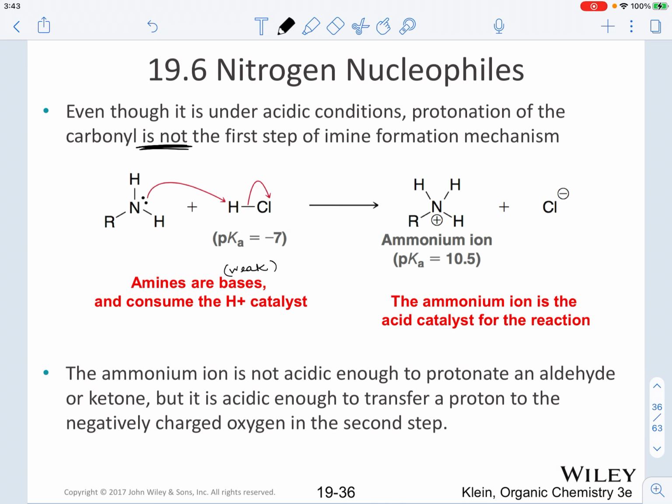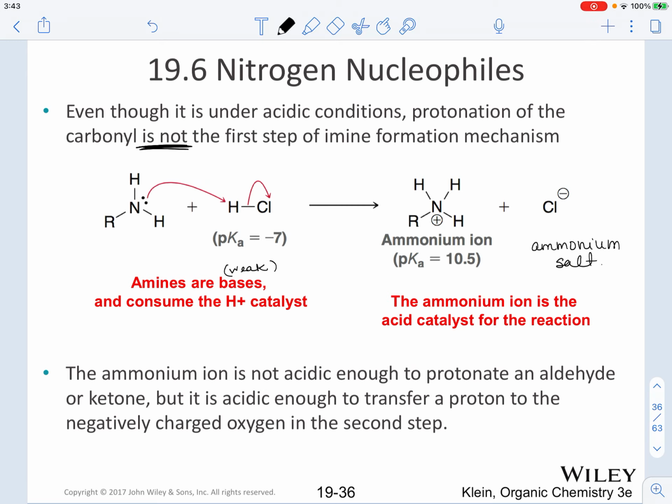So in the presence of acids, as you can see, if we have HCl as an acid, because of the low pKa and the ability of the amines to act as bases, one of the things that we're going to see, and it's one of the fastest reactions, is the acid-base reaction between the amine and the acid, resulting in the formation of an ammonium ion and a chloride ion. So in essence, what we are forming is an ammonium salt.